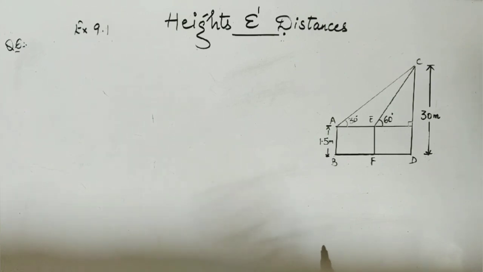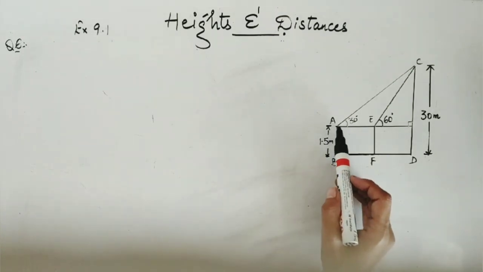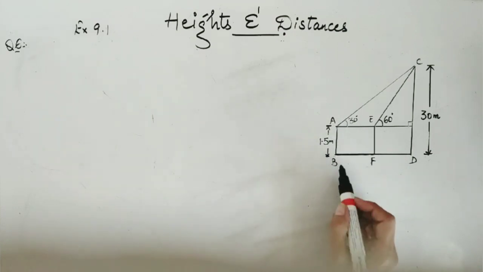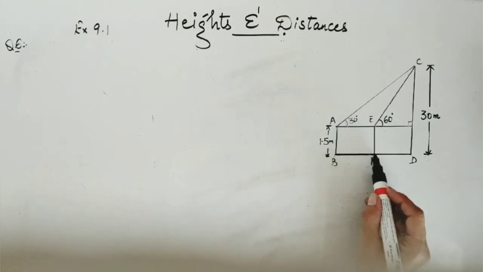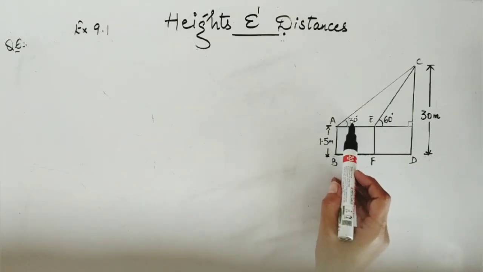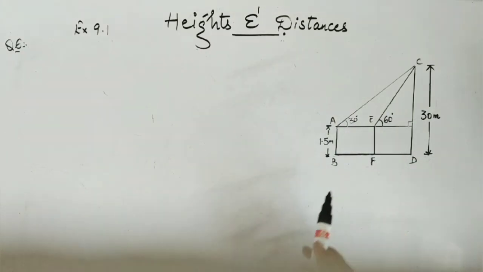Then they say the angle of elevation from his eyes to the top of the building increases. Boy is here, his eyes are looking at the top of the building. Angle of elevation initially is 30 degree. Then he walked some distance towards the building and the angle increases from 30, it has become 60.